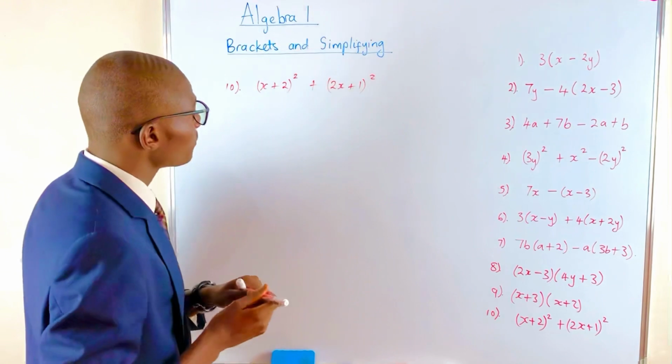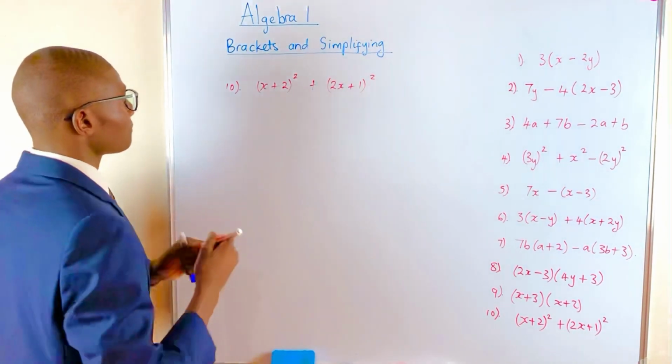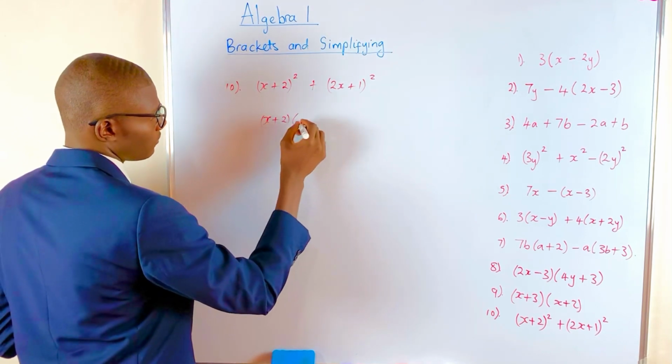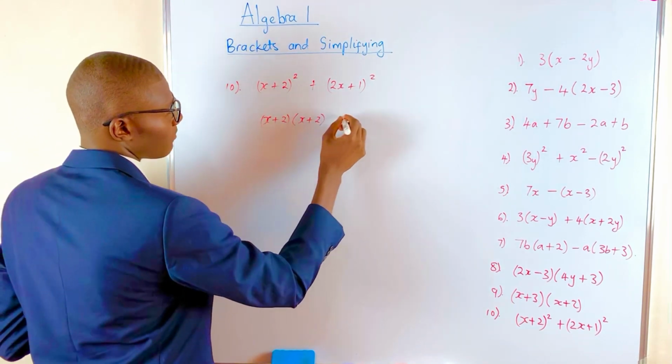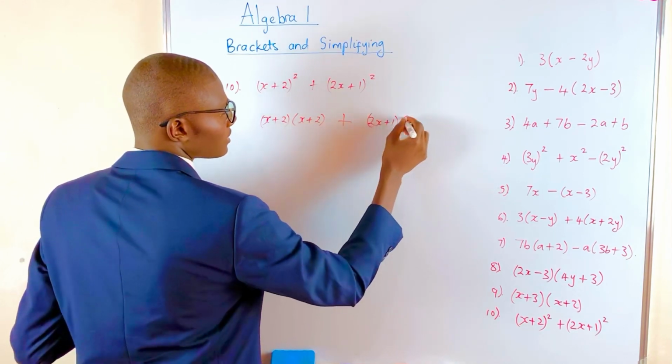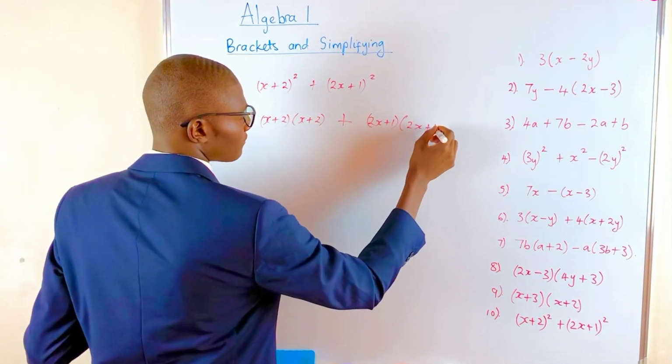So now we need to remove these brackets first. So we've got x plus 2 times x plus 2, then plus 2x plus 1 times 2x plus 1.